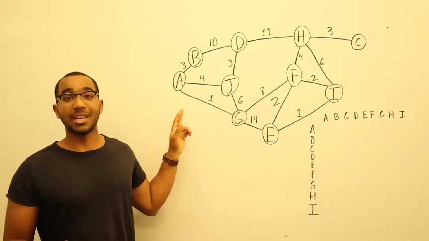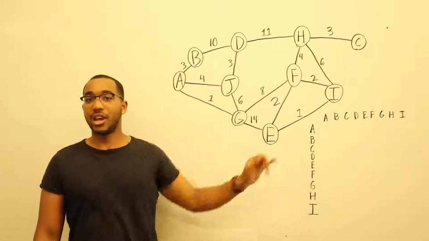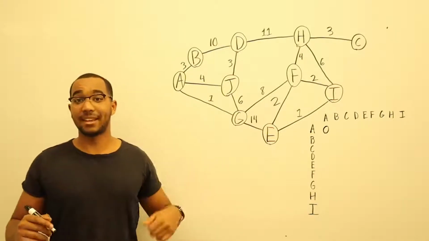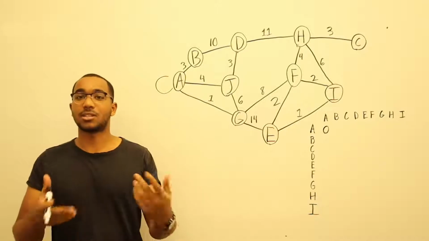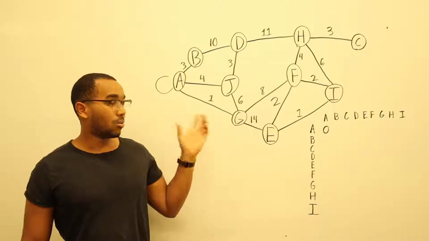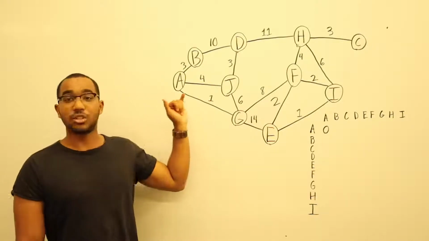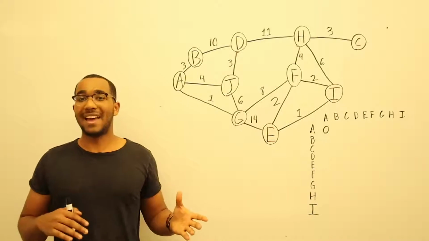A can reach B, J, and G. So A cannot reach A, we put a 0 there. If we had a connection that cycled back to A like this, then A could reach A. But A can't reach A because it doesn't cycle back to itself. So we put a 0 there. And then we see that A can reach B, J, and G. So we put 1s on the nodes that A can reach.